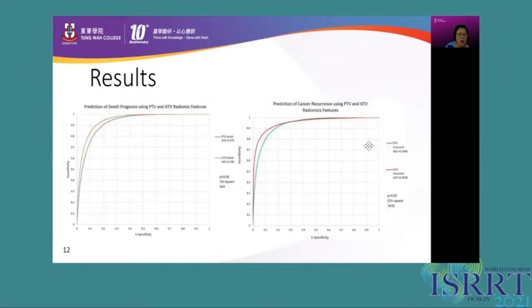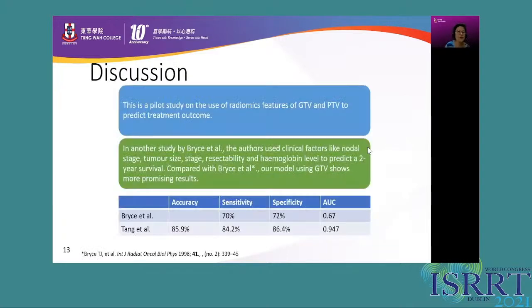And this is a graphical presentation of the same thing, the GTV and PTV for the prediction of death and for the prediction of recurrence. So for the discussion, this was a pilot study on the use of radiomic features of GTV and PTV to predict treatment outcome.